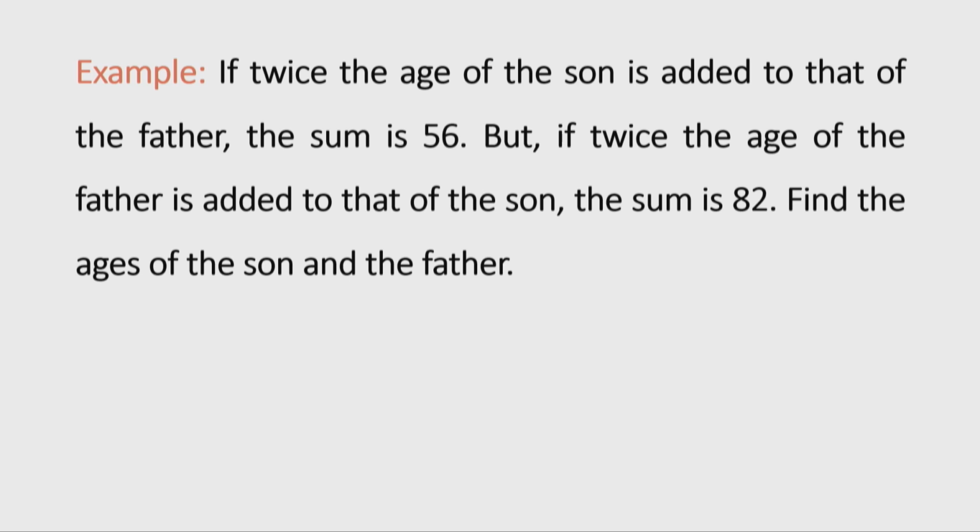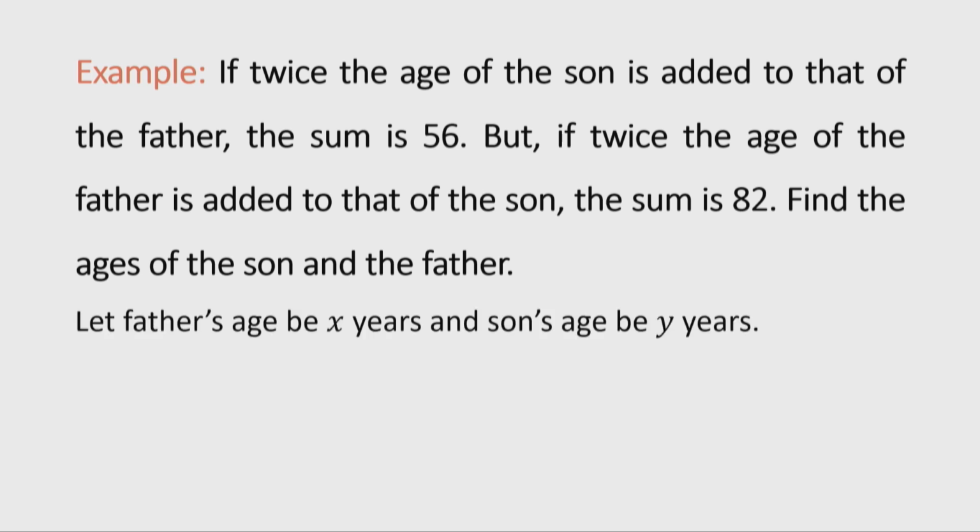Find the ages of the son and the father. So this one is slightly more difficult, but let us try to do it together. Let father's age be x years and son's age be y years. So father will be x years old, son will be y years old.